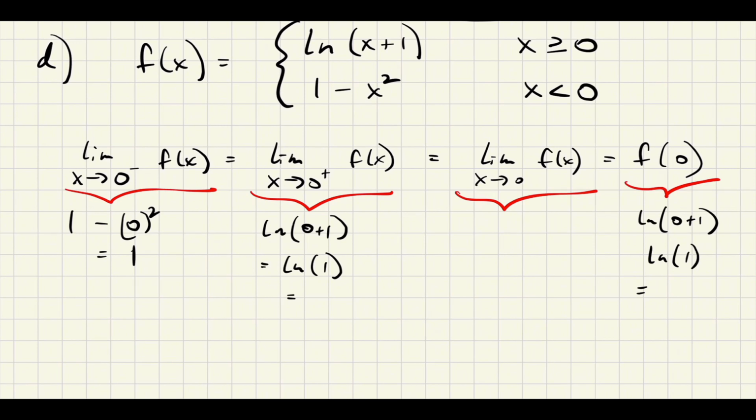From the right, I plug in 0 and I get the natural log of 1. What is the natural log of 1? What is the power that makes the overall answer 1? 0. That's what it's asking. So these two are not equal. This one's just 0 too, so they're not equal.